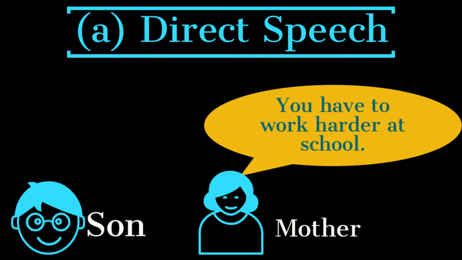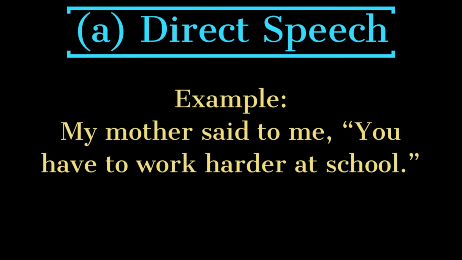So, what will be the direct speech? When the son quotes the exact words his mother said, it will be known as direct speech. For example, here: My mother said to me, "You have to work harder at school."